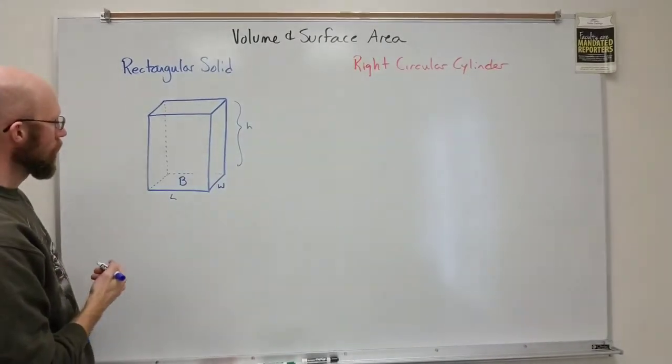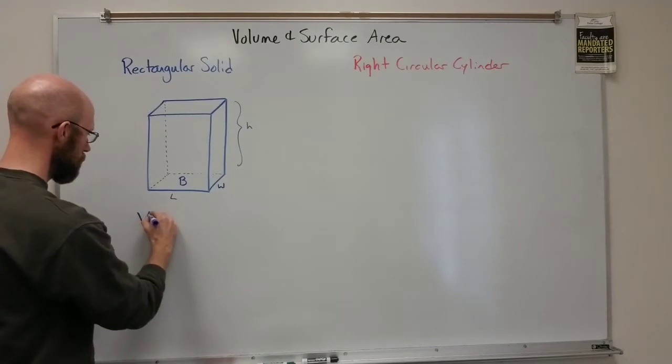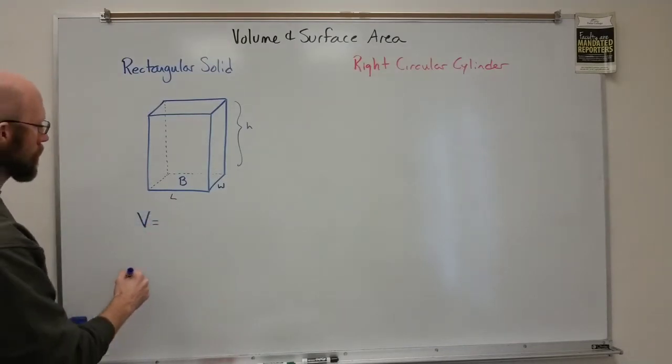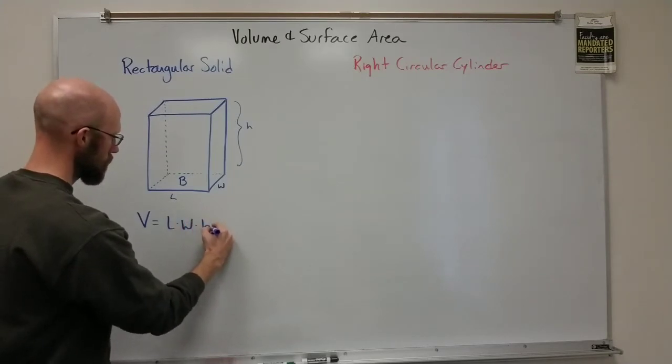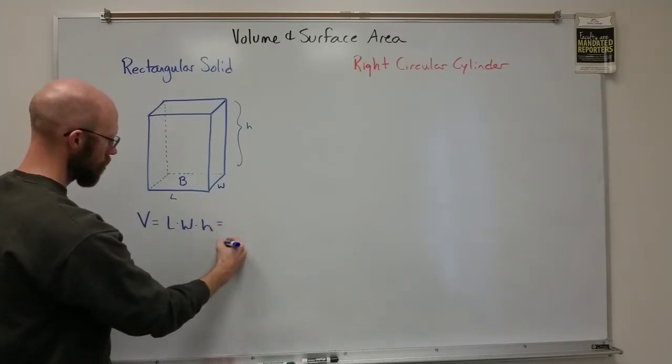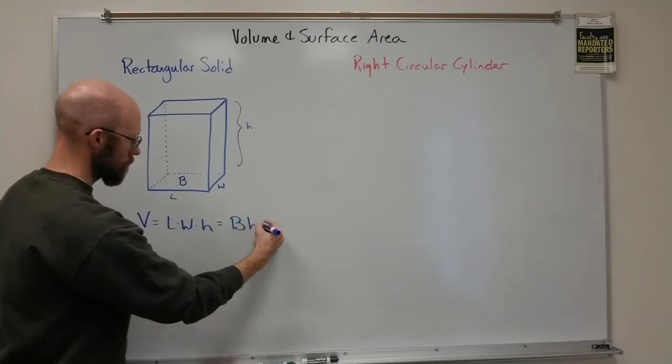Okay, and so the volume of this object is the length times the width times the height, or you could also call it the base area times the height.